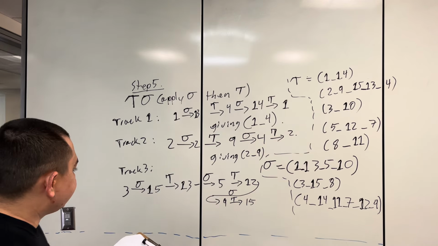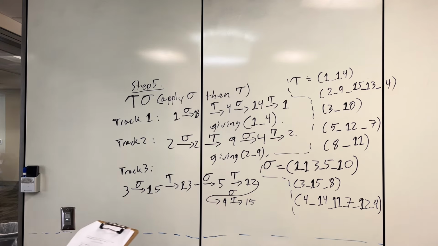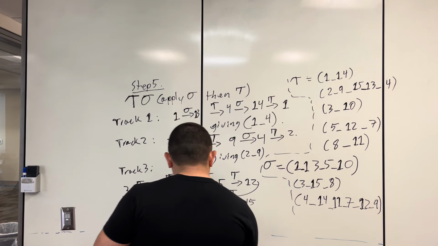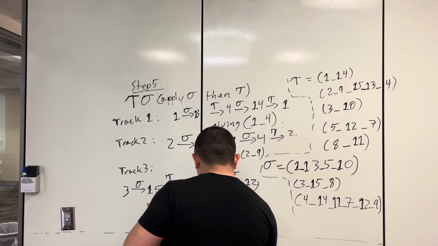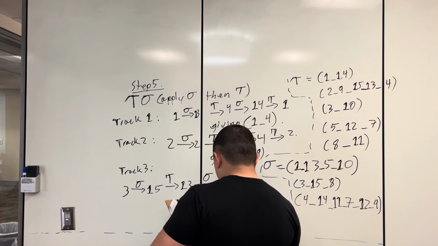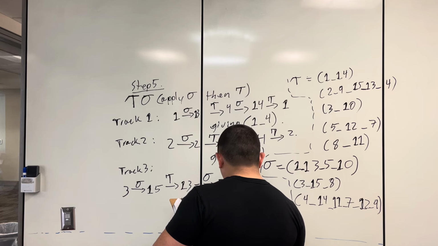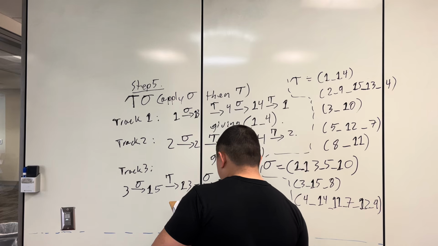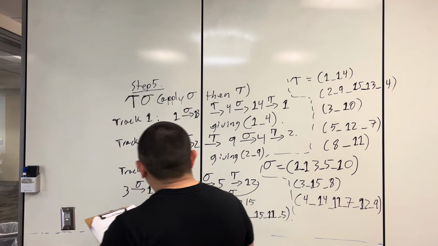If we continue along this path, we get (3 13 12 15 11 5).